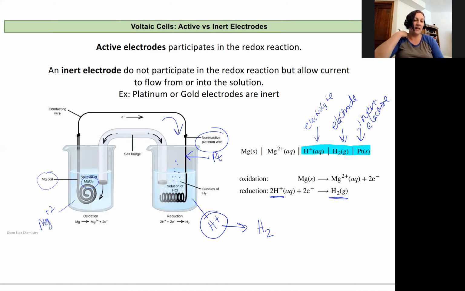If I instead had multiple electrolytes, I would use a comma to separate them. Like if I had H plus and potassium for some reason, I would use a comma. And so we only use the lines to switch from electrolyte to electrode, or electrode to inert electrode, to distinguish that.